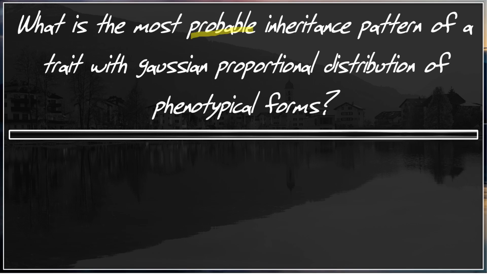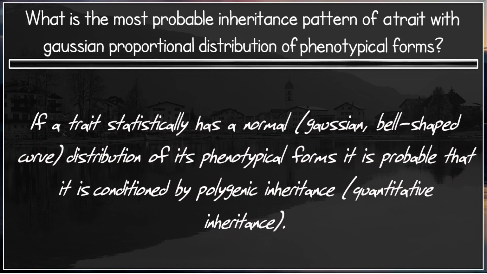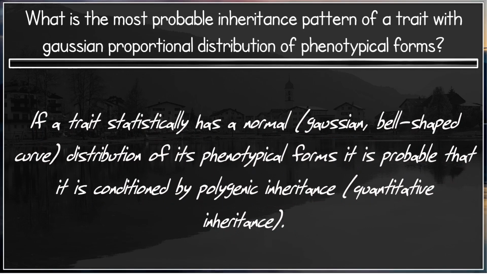What is the most probable inheritance pattern of a trait with Gaussian proportional distribution of the phenotypic forms? If a trait statistically has a normal distribution of its phenotypic forms, it is probable that it is conditioned by polygenic inheritance, quantitative inheritance.